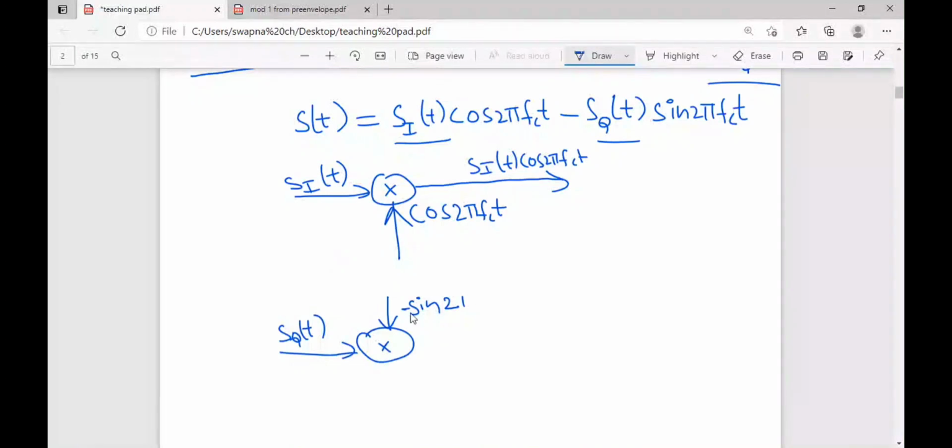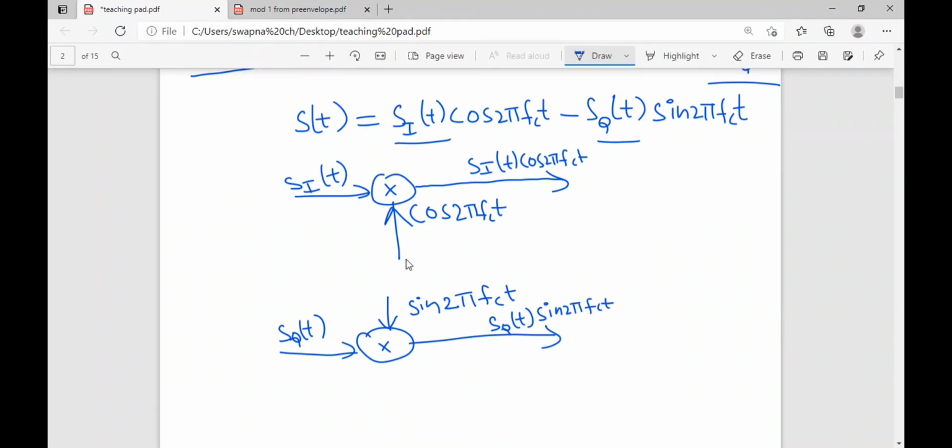Directly I can generate minus sin 2 pi fct, or the other way, okay, fine. Let me show with this first. I'll use sin 2 pi fct, so that my output here will be Sq of t sin 2 pi fct.